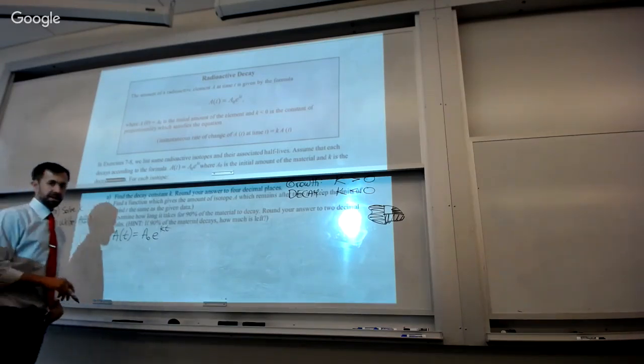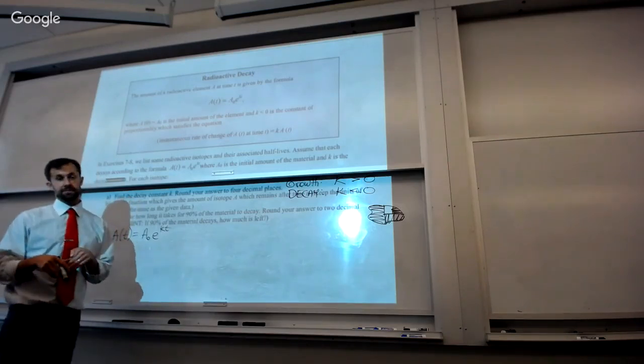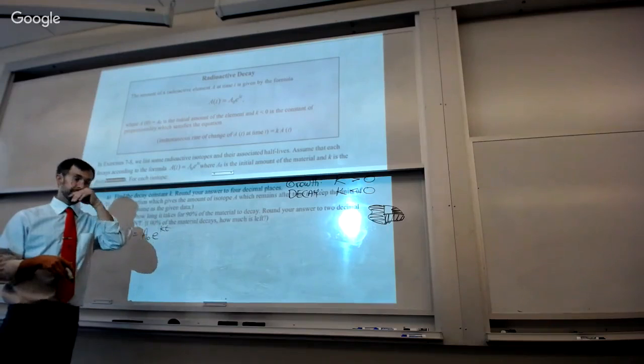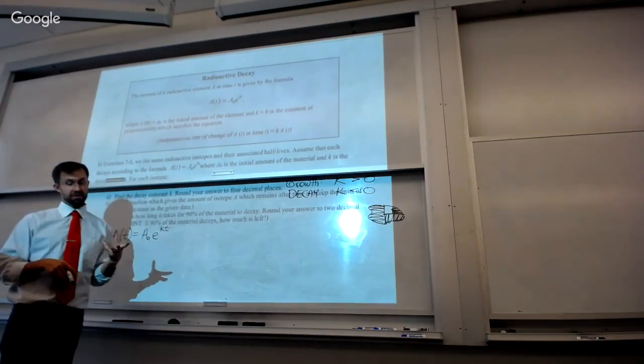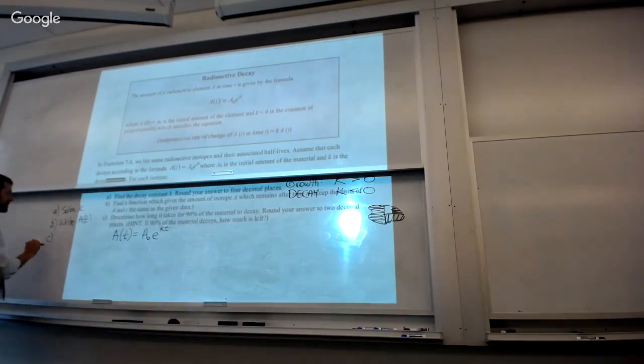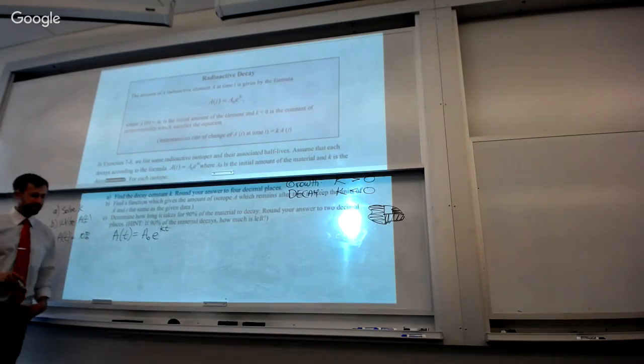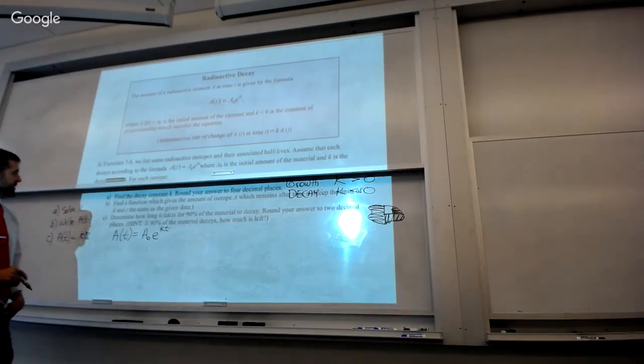Let's think about that. If 90% of the material is gone, how much do we actually still have? If 90% is not radioactive anymore, what percent is still radioactive? 10%. So the last problem is saying, when will the amount be 10% of what we started with?